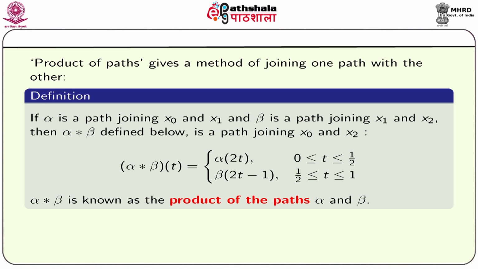That means, when alpha star beta is constructed, in the first half of the interval [0,1], that is between 0 and half, it follows the rule of alpha, and in the second half, that is from half to 1, it follows the rule of beta.